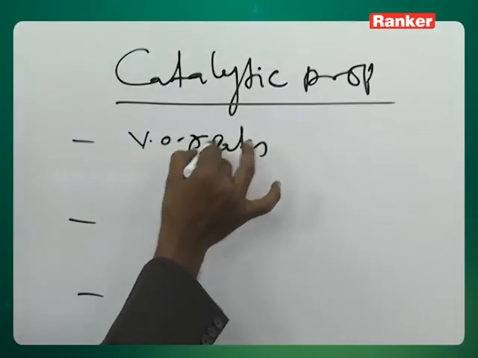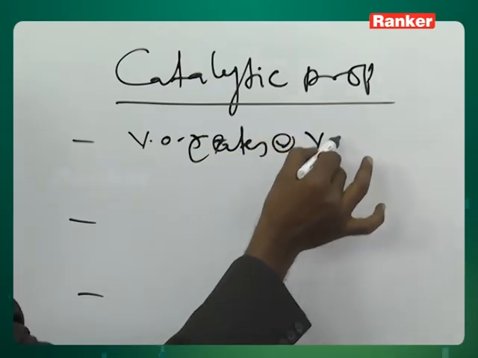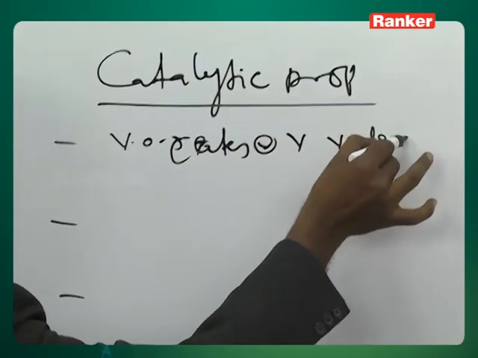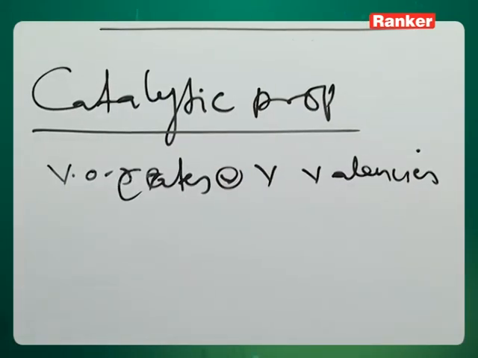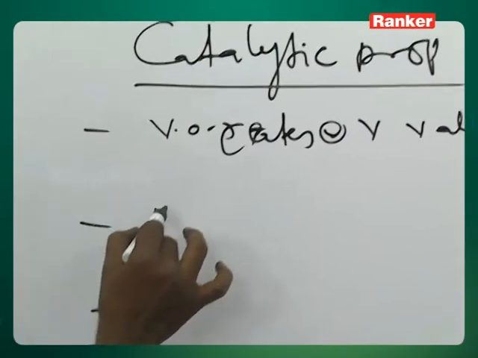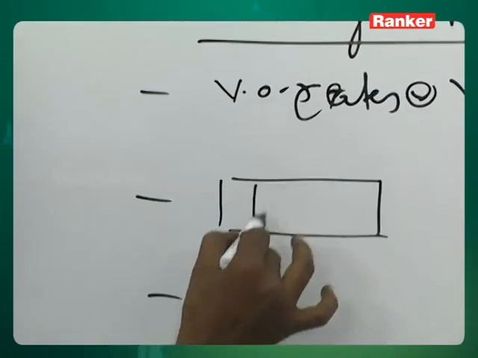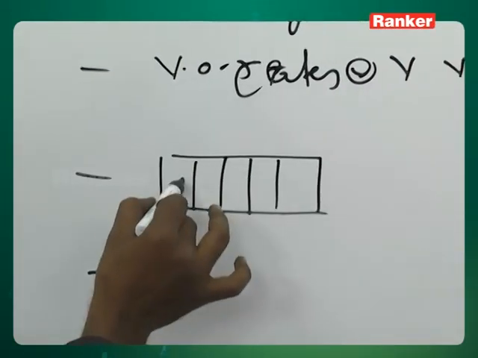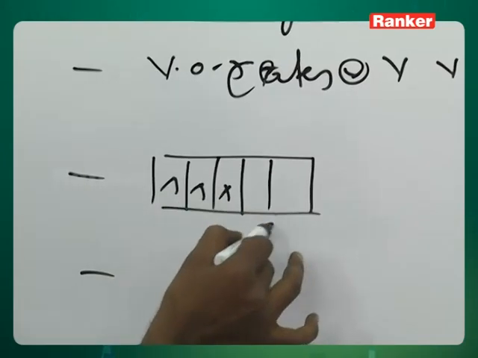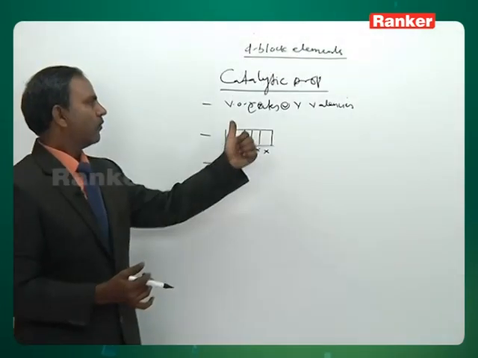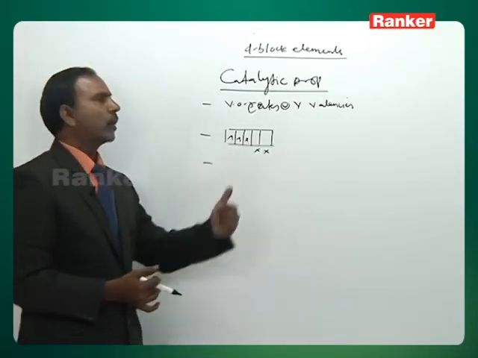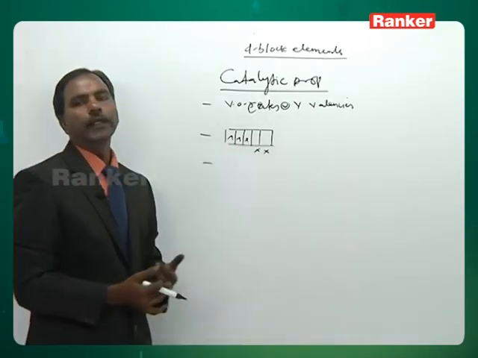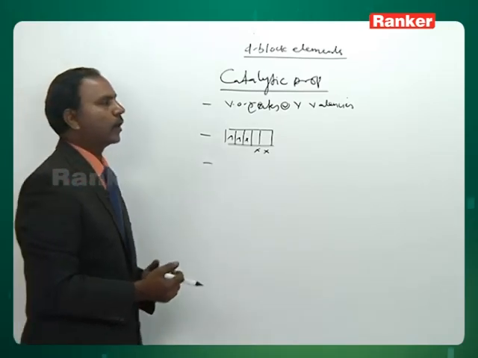Variable oxidation states or variable valencies. It is also due to presence of unpaired electrons in d orbitals, or incompletely filled d orbitals.